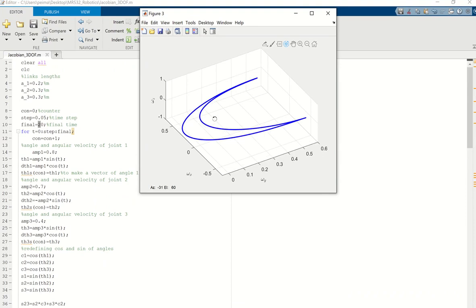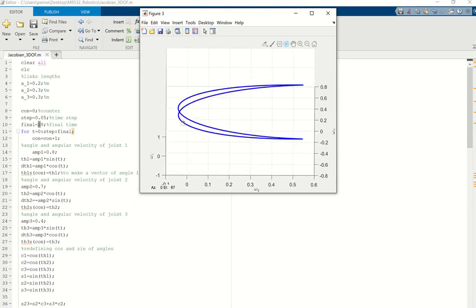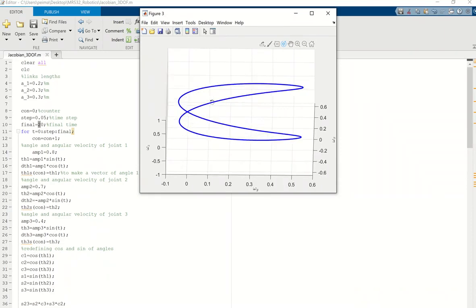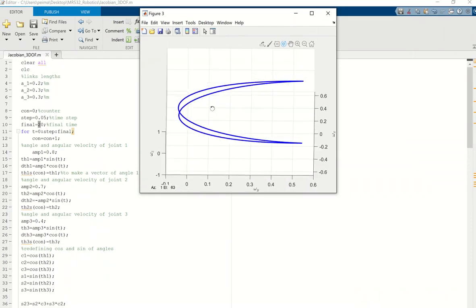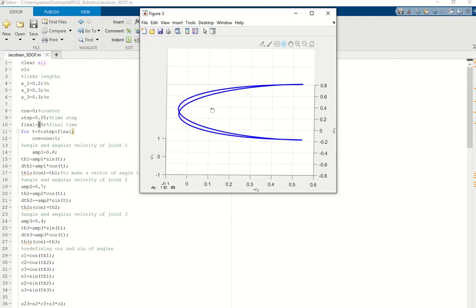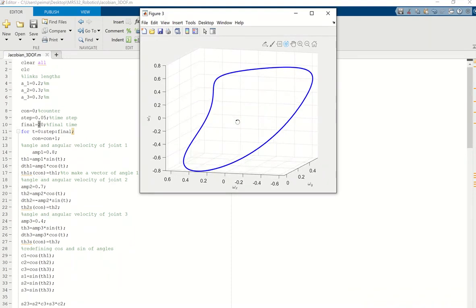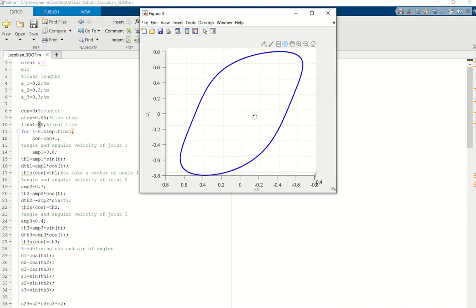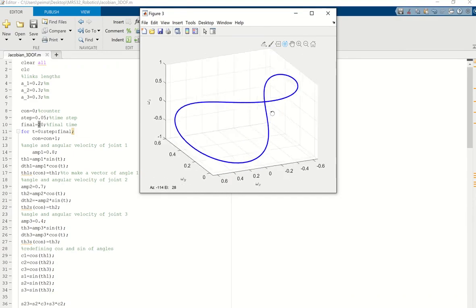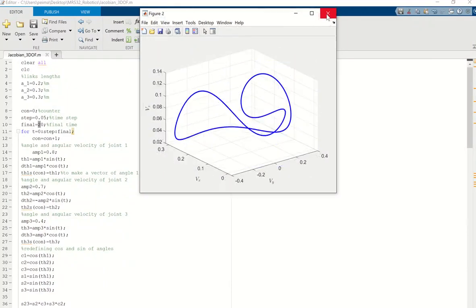But if you look from the top, omega x versus omega y, it is like this. And if you look at omega x, omega z, it is going to be like this. So this is 3D. This is the 3D angular velocities and the vector in the space.